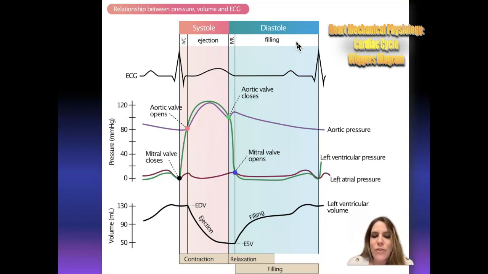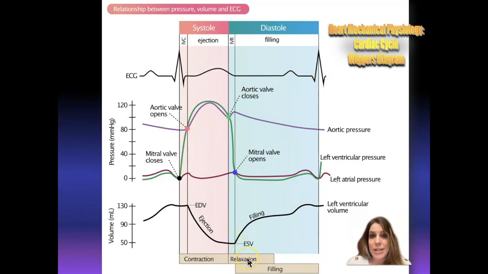So let's start down here at the bottom of the diastole part during the ventricular filling phase. Over here we have the volume of blood that's left in that chamber, over here the pressure inside that chamber, and up here we're going to look at how it correlates with the electrical activity on the ECG. So let's start right here.